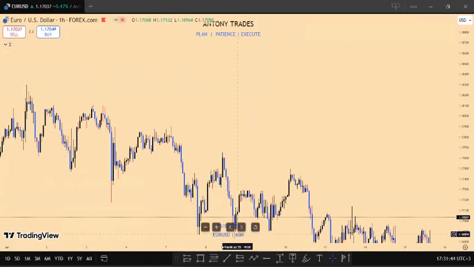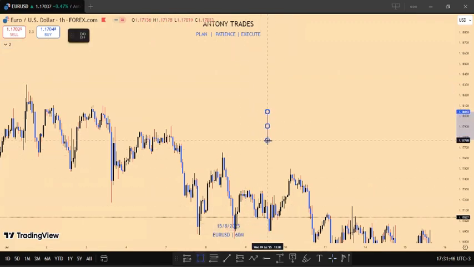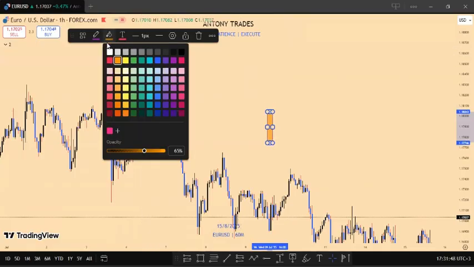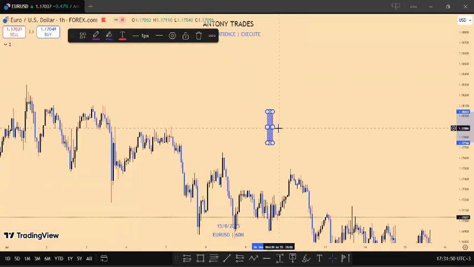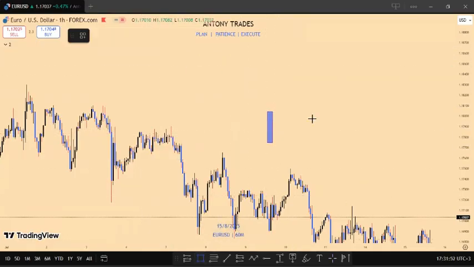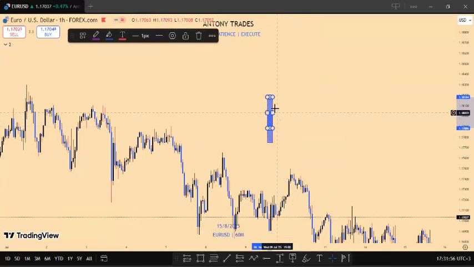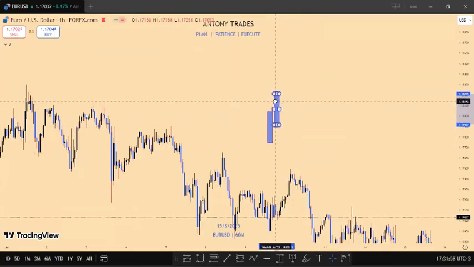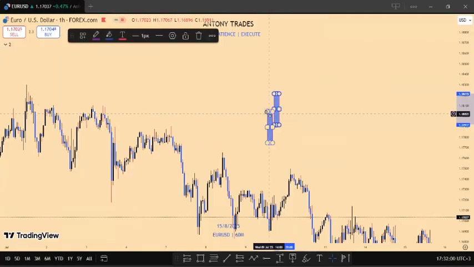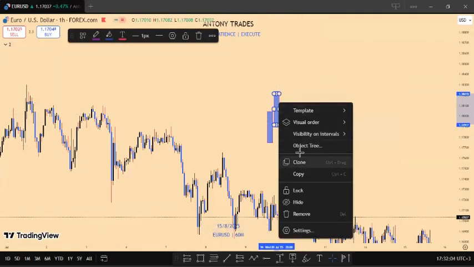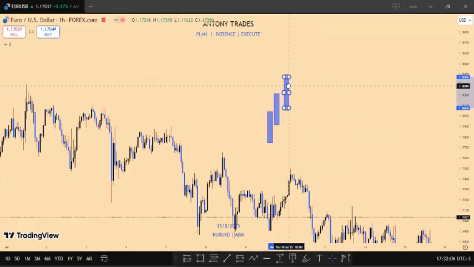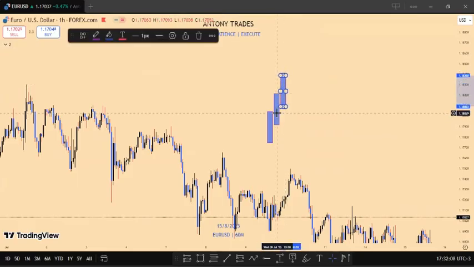What do I mean by that? If this one is a bullish candle, let me mark. I have to see another bullish candle closing above the previous candle, and I also need to see another bullish candle closing above the previous one.